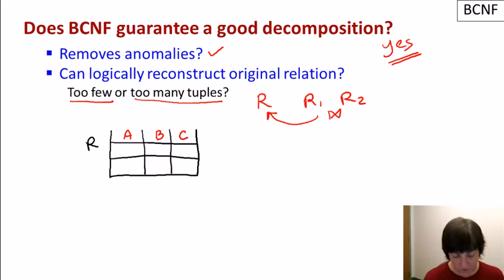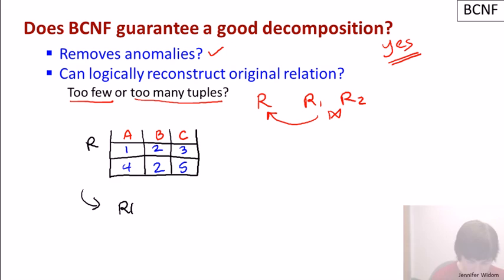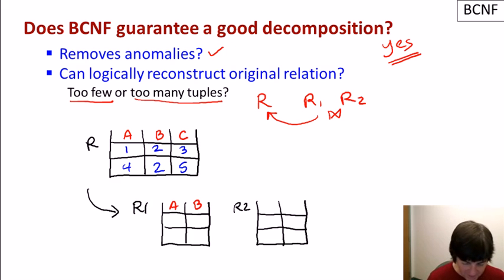It's the too many tuples that's a little bit more complicated to see, so let's just use a simple abstract example. Here's a relation R with 3 attributes, A, B, C, and let's have 2 tuples, (1, 2, 3) and (4, 2, 5). Let's suppose that we decompose R into R1 and R2. R1 is going to contain AB, and R2 is going to contain BC. So let's fill in the data.